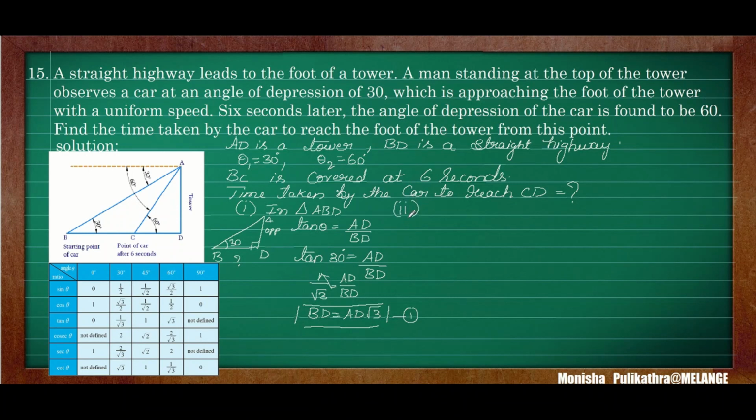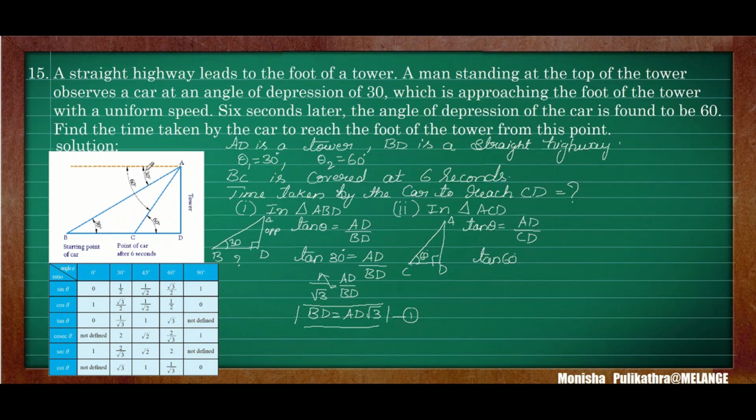Next, moving on to the second diagram, that is triangle ACD. Here the angle of elevation is, actually, the angle of depression becomes 60 degree. So tan theta is equal to opposite side AD by adjacent side CD.